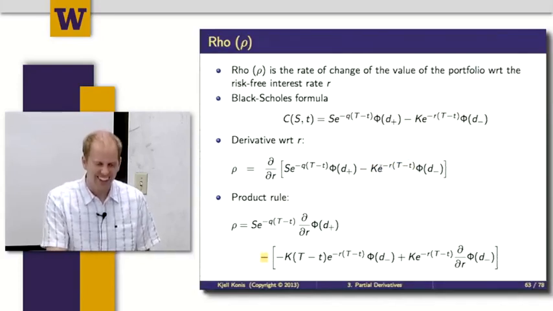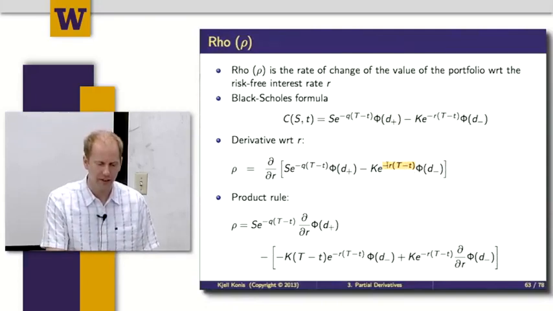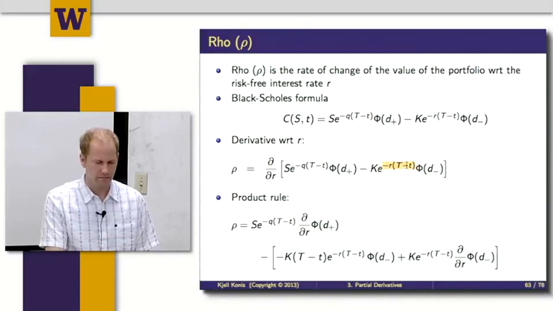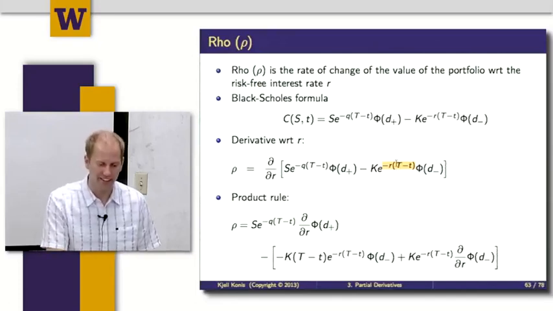So when I take the derivative of K e to the minus r(T minus t), r is the variable I'm taking the derivative with respect to, and that's multiplied by minus (capital T minus little t). Do I have the minus? Oh, I switched the order of the terms, so it is okay. It is okay. Right.